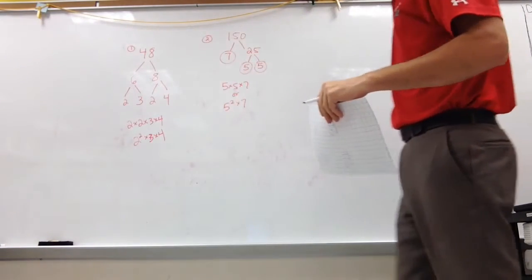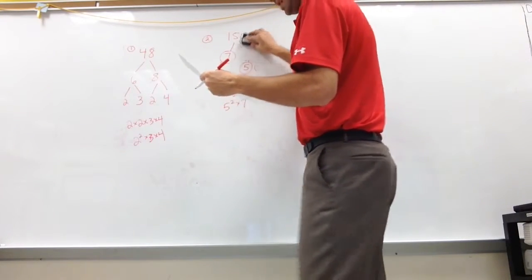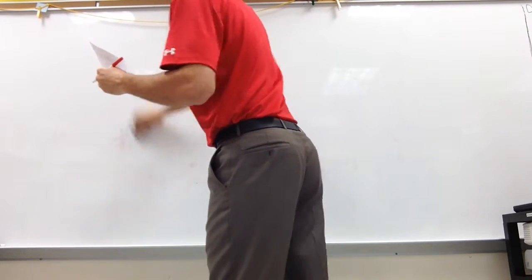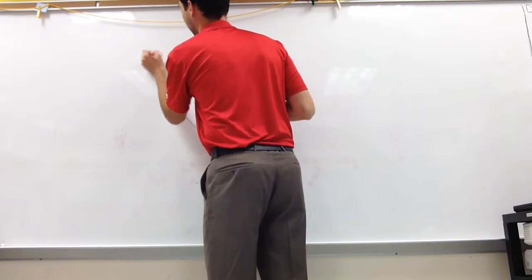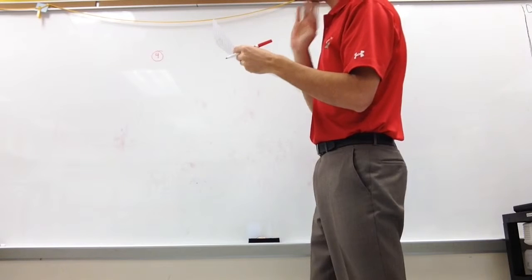Okay? Next section, I guess it should be number 3. I just miscounted here, but find the prime factorization of each number using exponents.